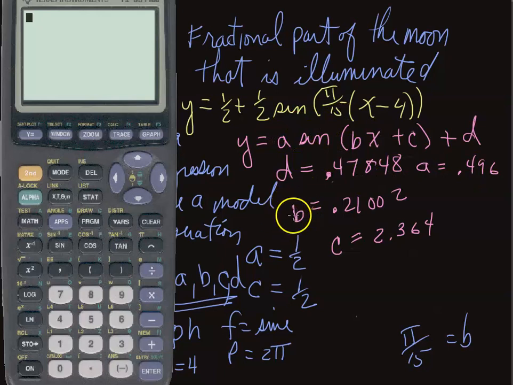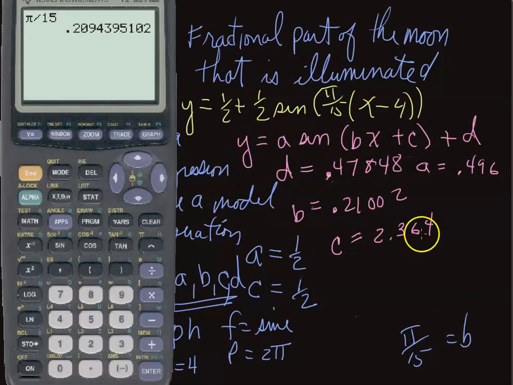The B is 0.21002, and if you take pi divided by 15, you get 0.209 instead of 0.2100. So 209, 210, about the same for B.